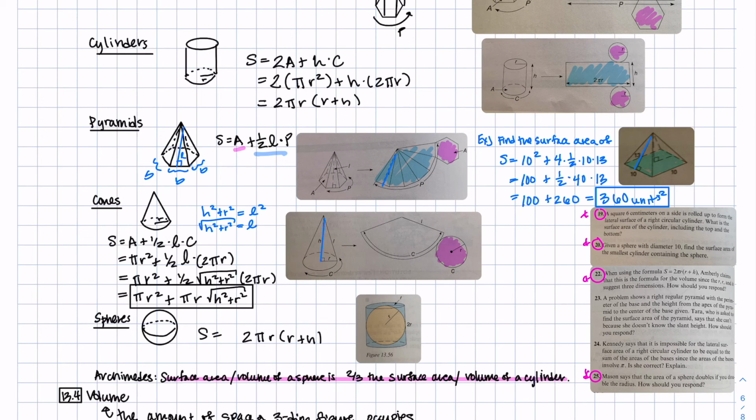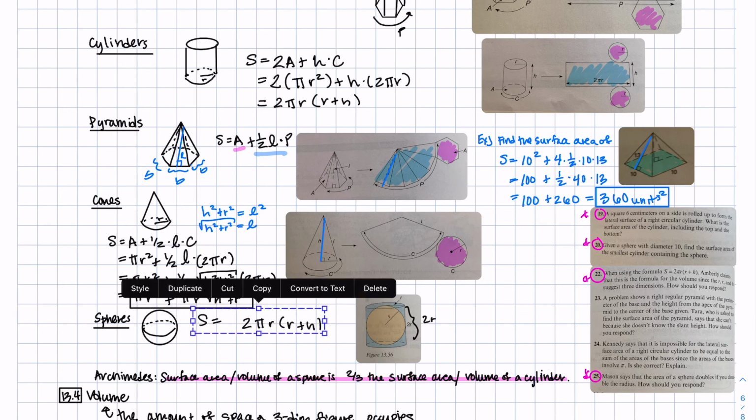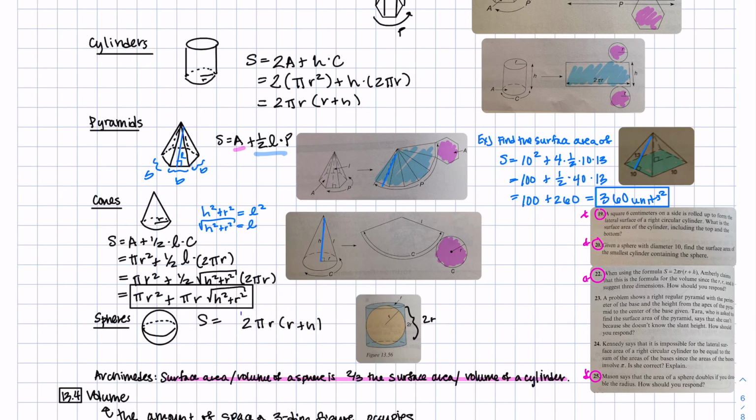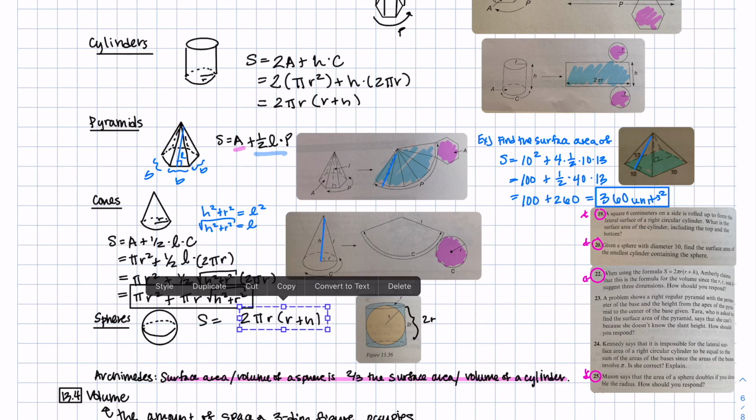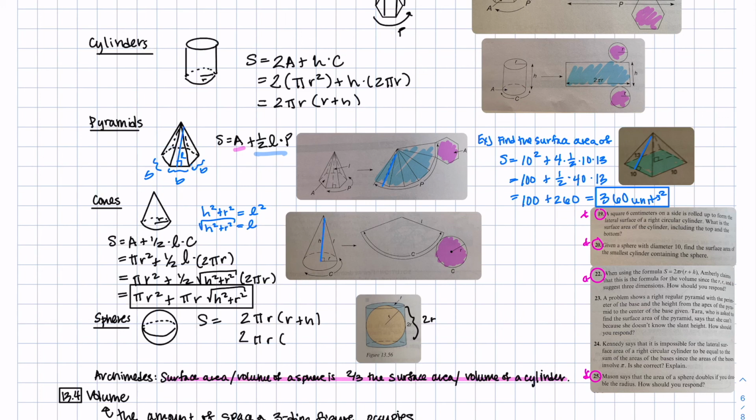If we look at this sphere embedded into the cylinder in this way, the height of the cylinder is 2r. So if I do this substitution for h, the surface area of the cylinder is 2 pi r times r plus 2r, which is really 3r.